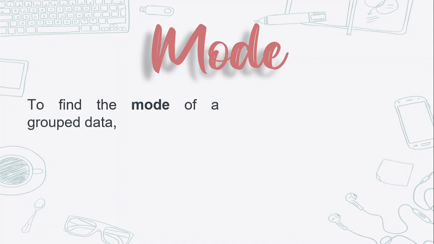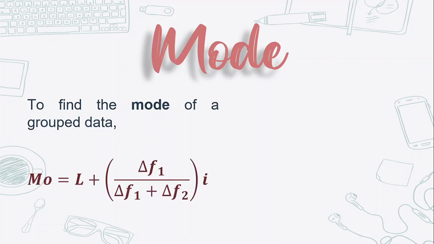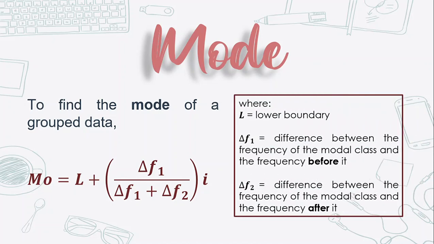So to find the mode of group data, we have the formula Mo = L + (Δf1 / (Δf1 + Δf2)) × i, where L is still the lower boundary.